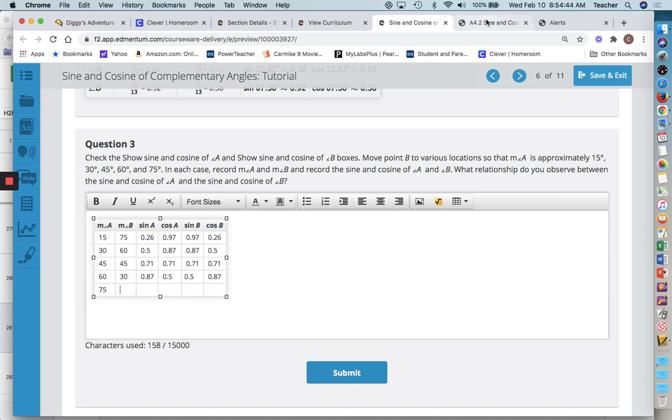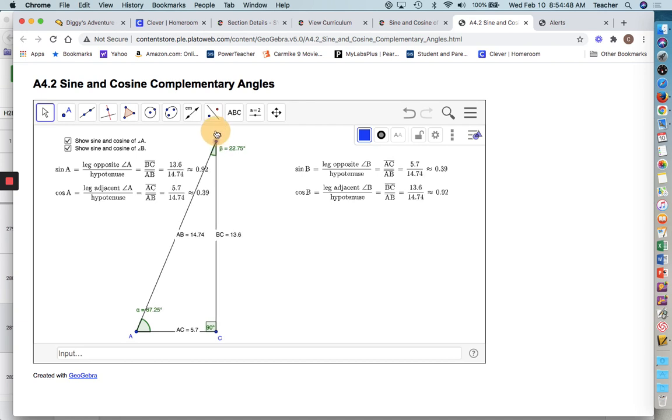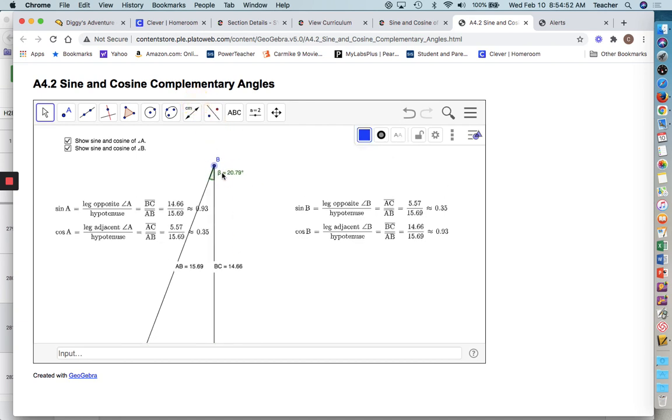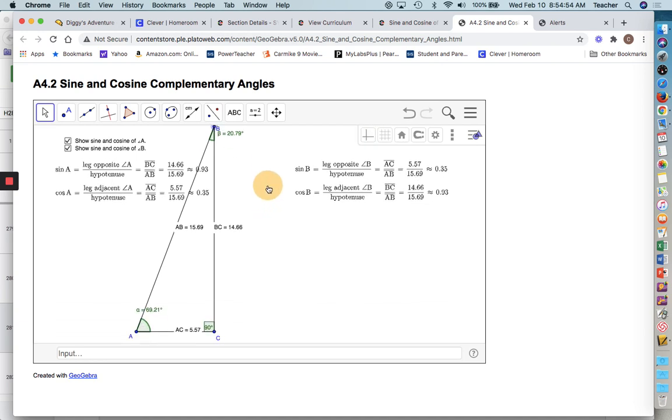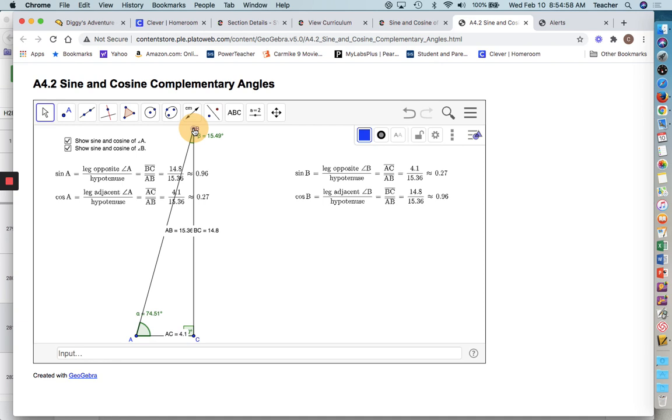All right, last one, 75 degrees. I don't know that I can get it that tall. Now I can't see angle A. Come over. Okay, there we go. Oh, shoot, I had 0.75. There we go, 75.08.